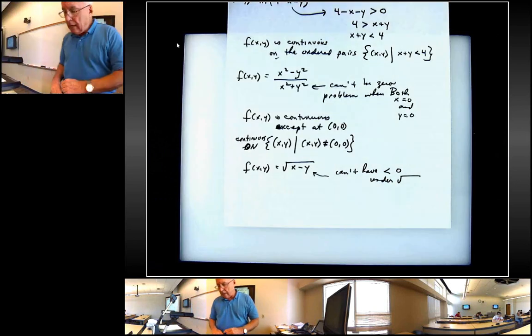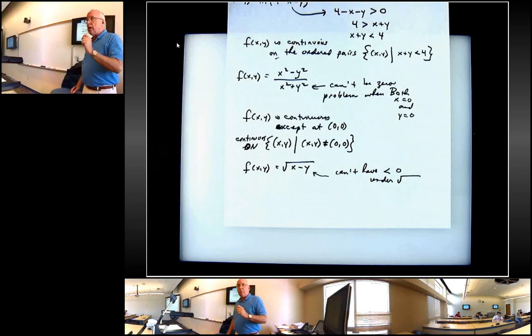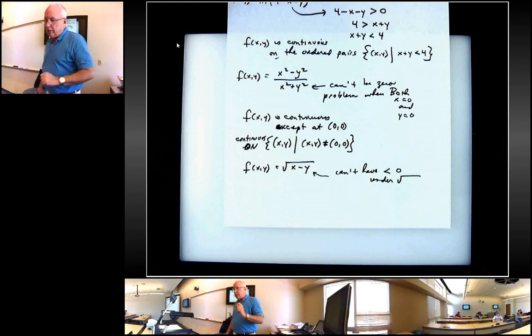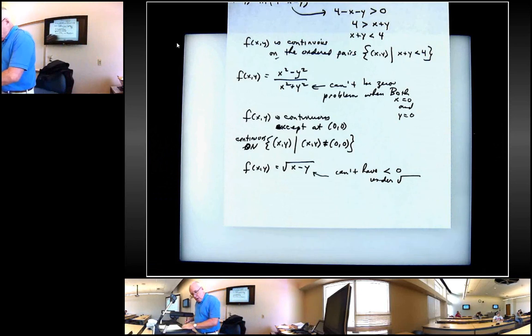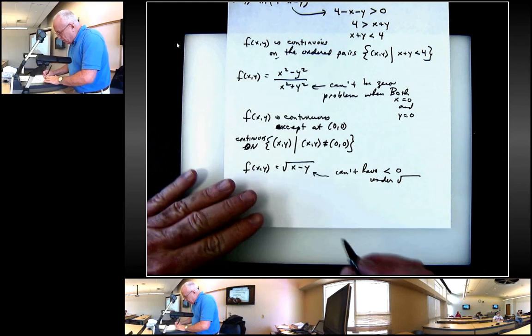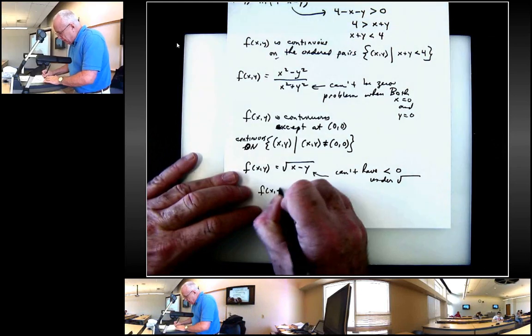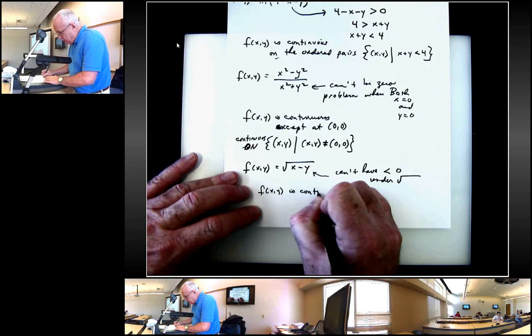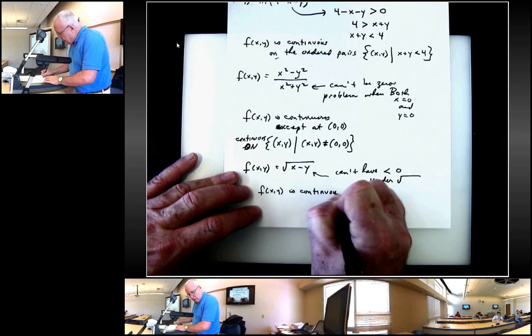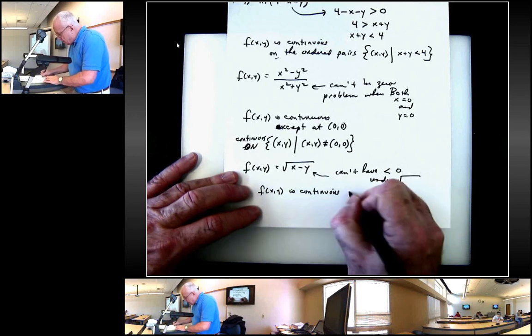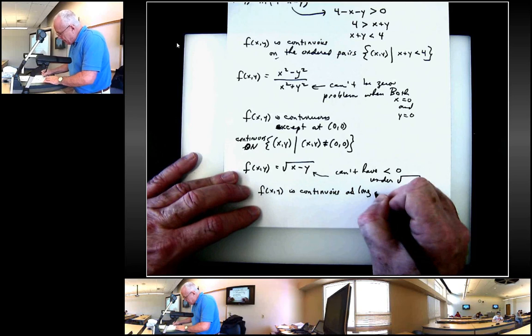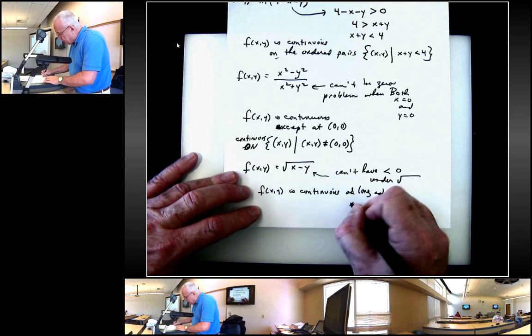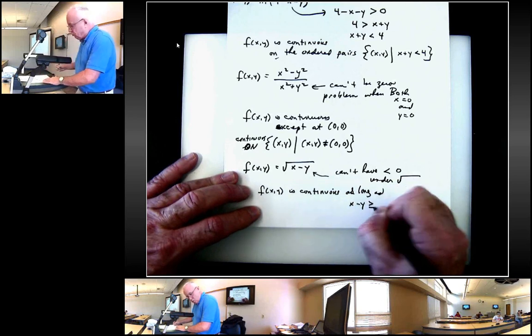Now we can have 0. That's okay because it's not in the denominator. So therefore this function f(x,y) is continuous as long as x minus y is greater than or equal to 0.